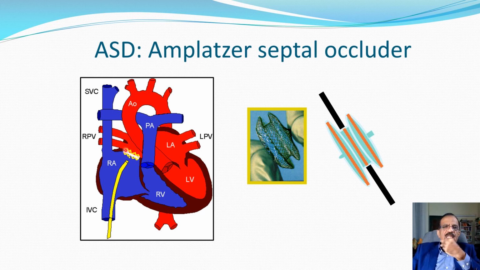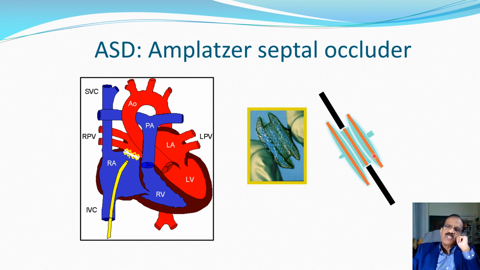The child would be considered a suitable candidate if it is the secundum type of defect, so that on both sides of the septum there is some septum where this device can be deployed. Now this is the shape of the occluder. When passed, it will be compressed, and once deployed it will take this shape.